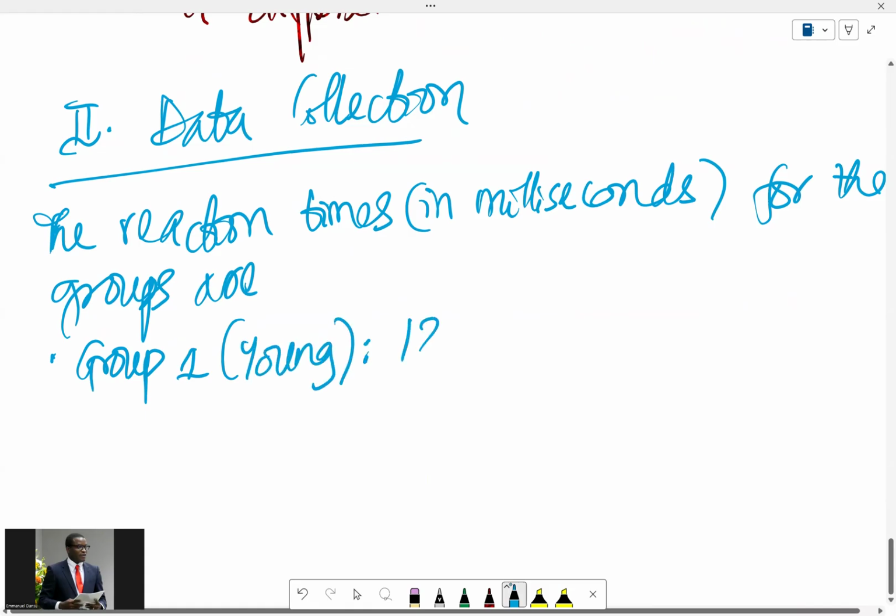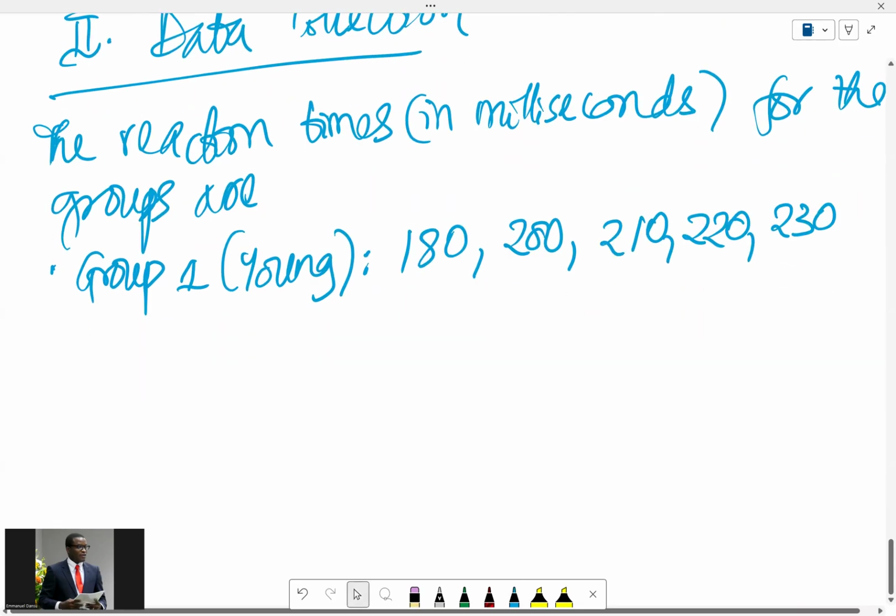The reaction times are 180 milliseconds, 200 milliseconds, 210 milliseconds, 220 milliseconds, and 230 milliseconds. That's group one, the young.